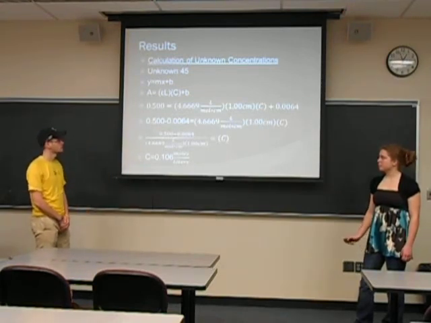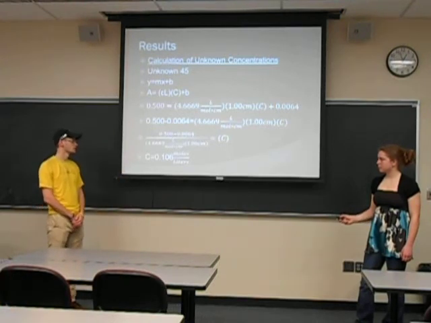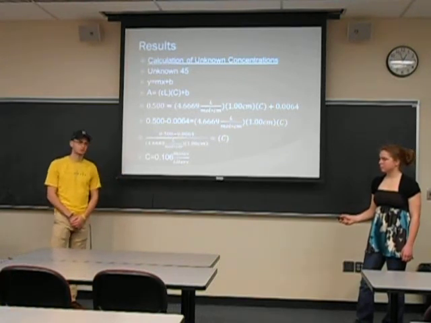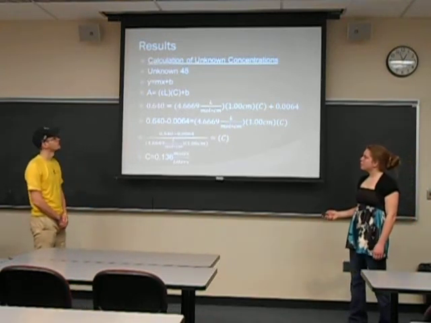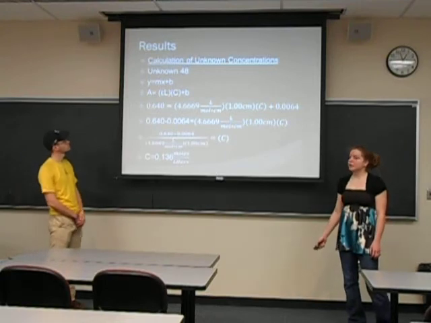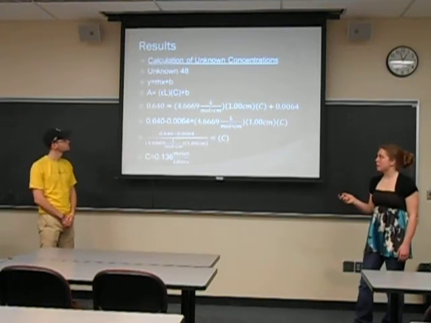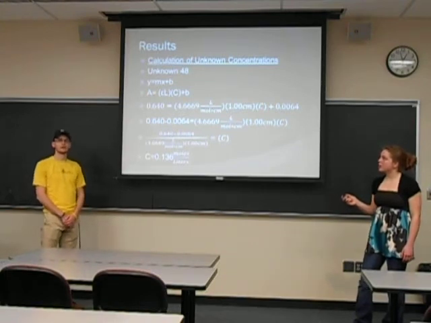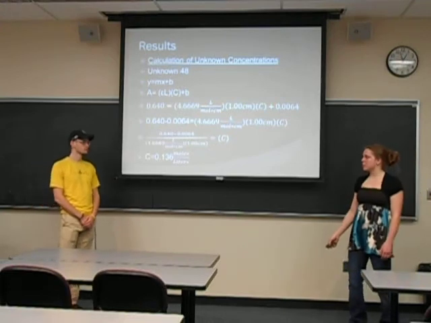Once you plug in your data, you end up with concentration equals 0.106 moles per liter, or 0.106 molarity. And you do the same thing with unknown 48, which was my solution. You do the y equals mx plus b, put it in Beer's law again, plug and chug, and you get 0.136 moles per liter.